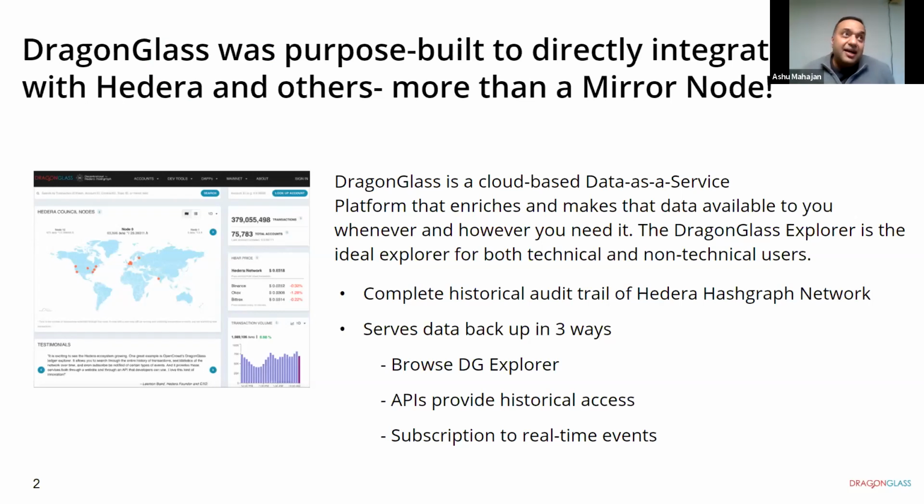DragonGlass is more than a mirror node. I mean, technically speaking, it's not a mirror node, but we built this whole application from scratch, and this was built to be a data as a service platform. And this was built to ensure that whatever volumes Hedera can do, DragonGlass should be able to handle those kind of volumes.